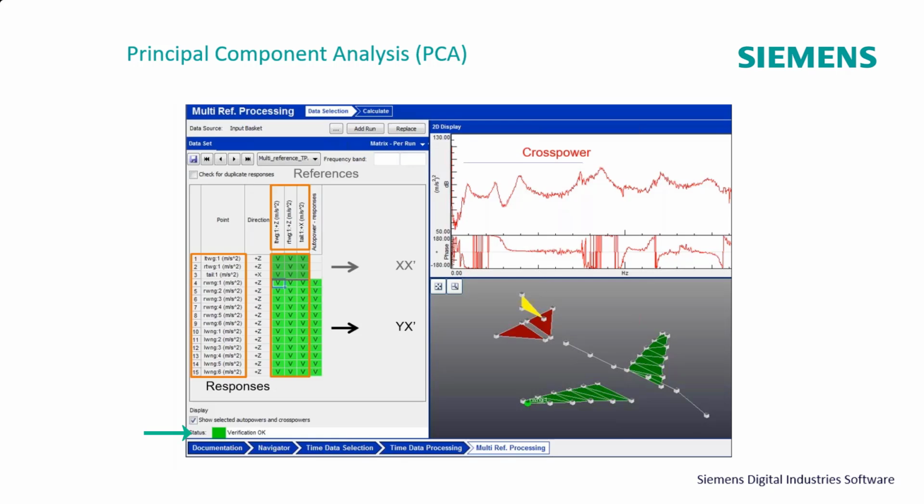And if I'm going to have references at left wing 1, right wing 1, and tail 1, those three reference auto powers have to be in every single run. So every run needs those three measurements in it. And then I could rove the 17 other channels across the entire plane. But it is a requirement that if I have multiple runs, these reference auto powers have to be in every single run. And this worksheet checks for that.